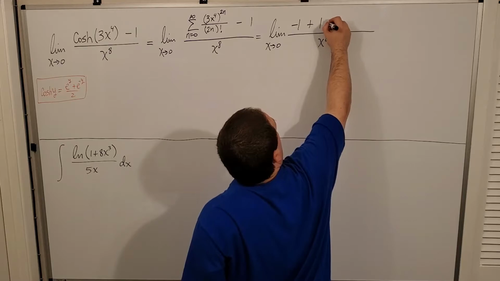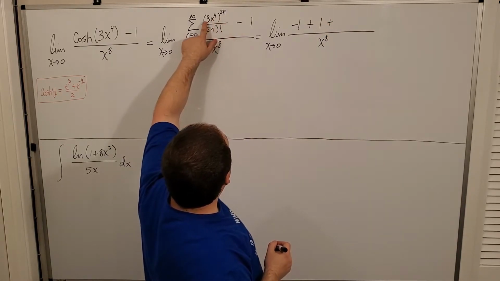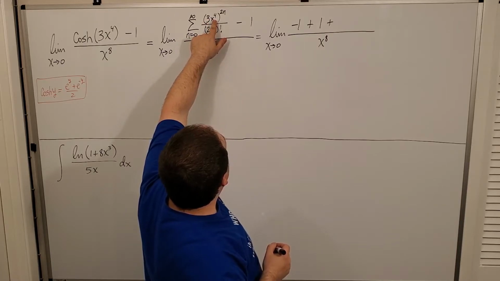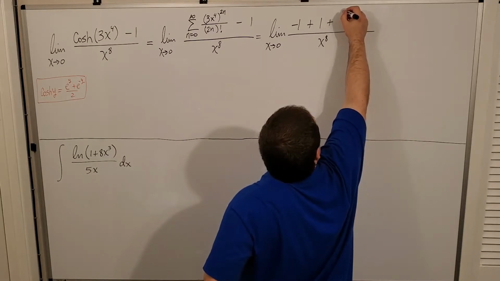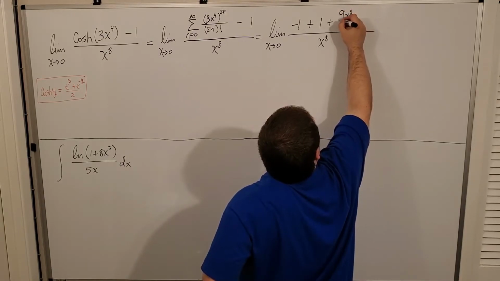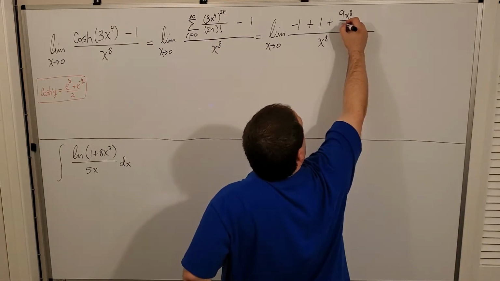Next, if I were to plug in n equals 1, then I would have 3x to the 4th squared, which would be 9x to the 8th, over 2 times 1 factorial, which is 2.